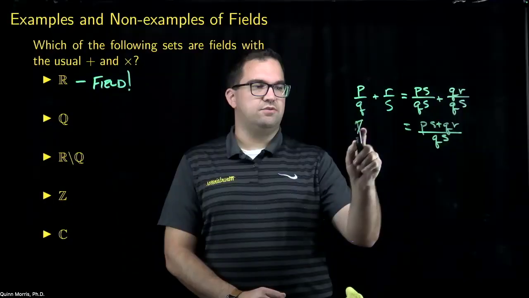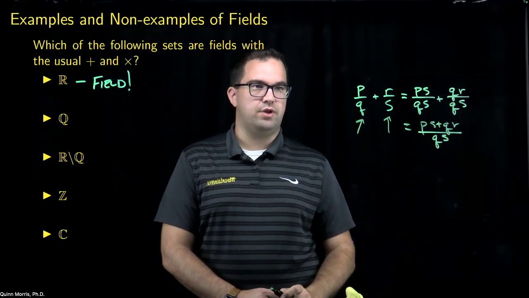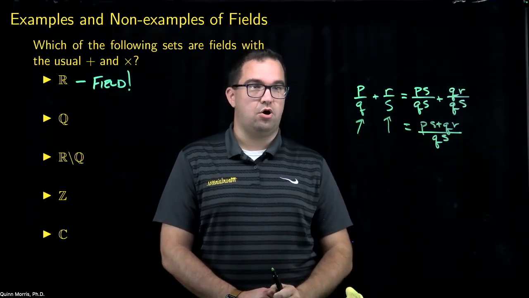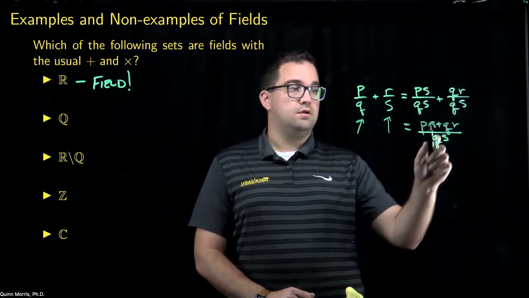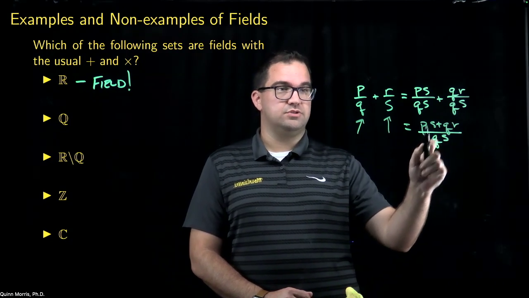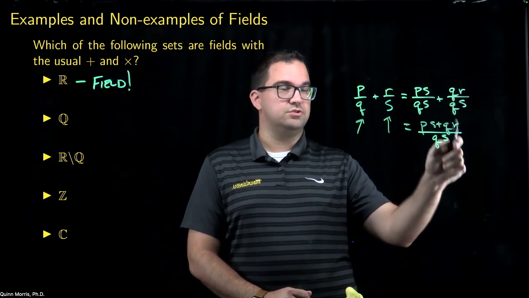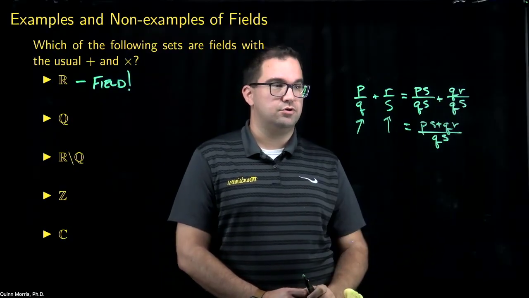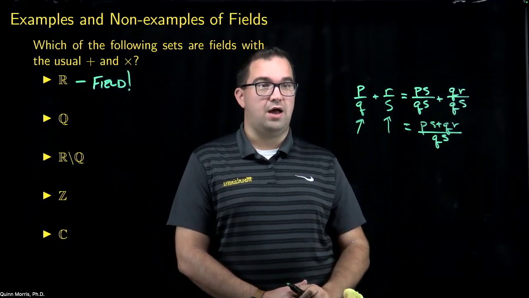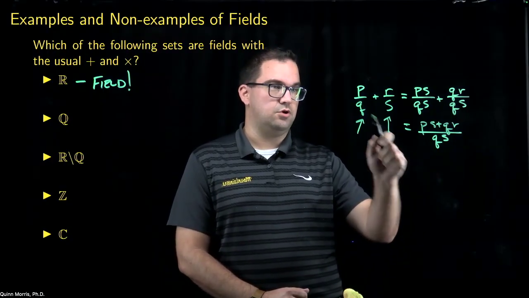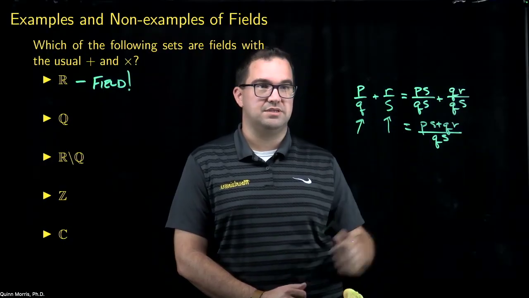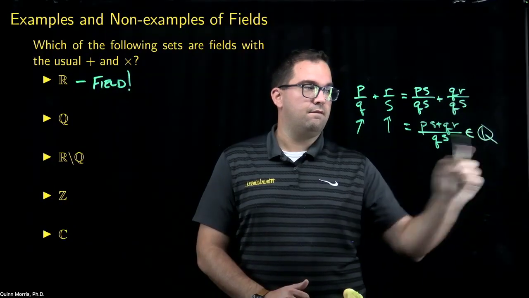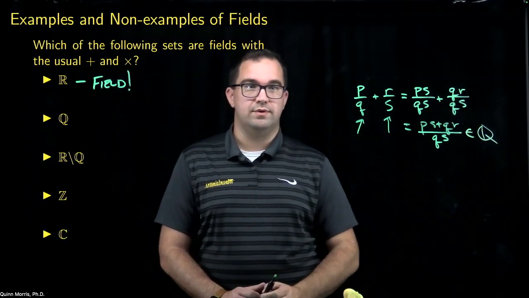If I'm assuming that each of these is a rational number, that means that P, Q, R, and S are all integers. The product of two integers is an integer, and the sum of two integers is an integer. So the numerator is an integer, the denominator is an integer. Since Q and S are both not 0, Q times S is also not 0.